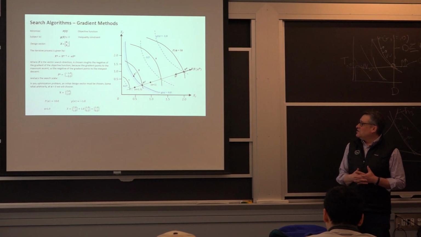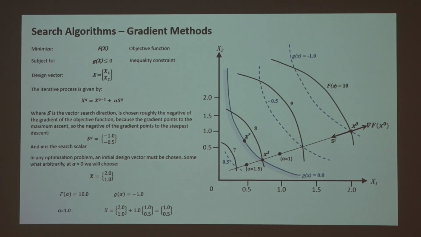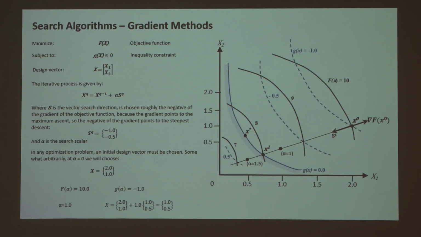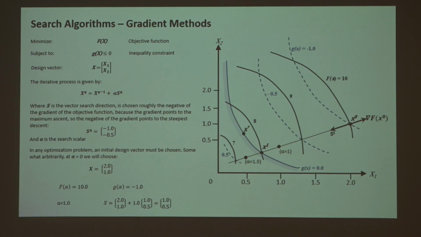And then you choose a step length, alpha. So you've got s, a vector that points in the direction opposite of the gradient of f, the objective function. Remember, we're minimizing f here, not maximizing. And we're going to pick a search step, alpha. We pick this design vector, x, with values of 2 and 1.